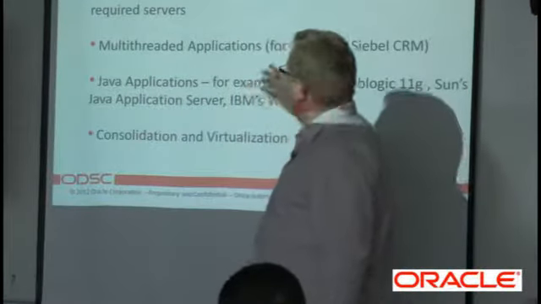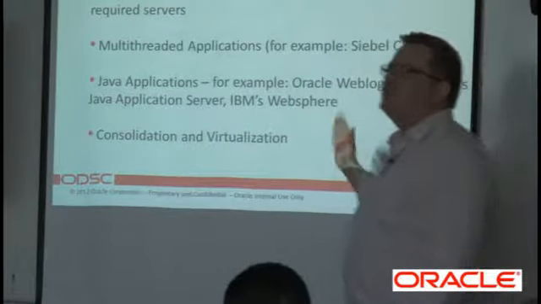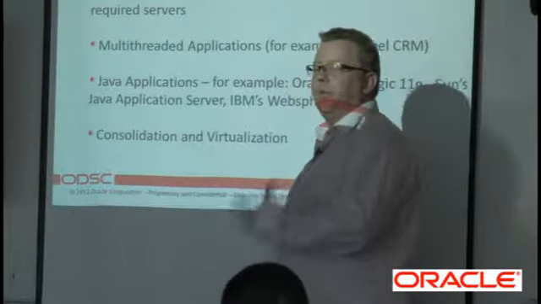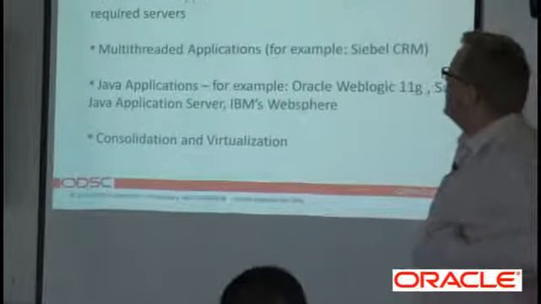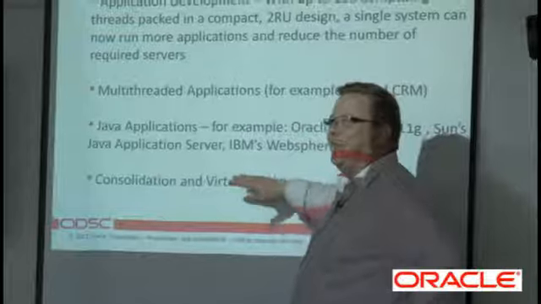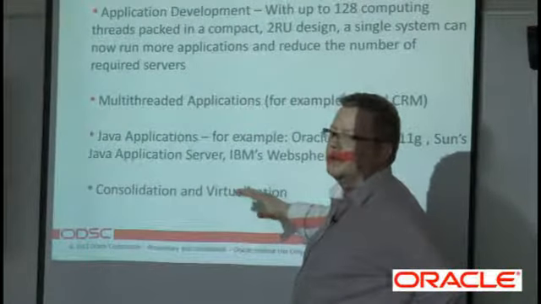So anything Java, and they want fast performance, err on the side of a T4 as opposed to an x86. Okay? Just purely because it's better for this type of application. So what else is there to play for Java? Consolidation, free virtualization, and far, far faster and far more scalable virtualization than VMware on x86.